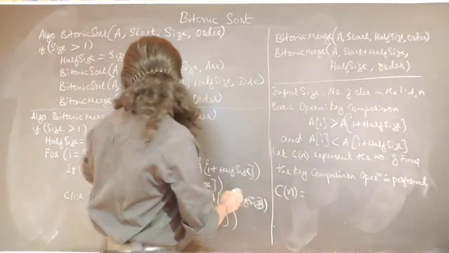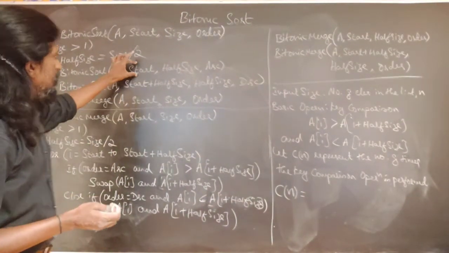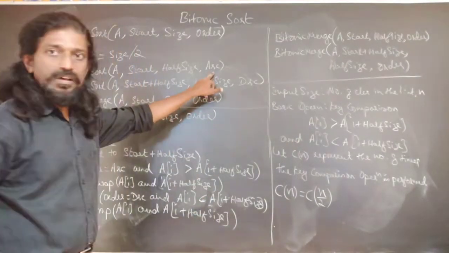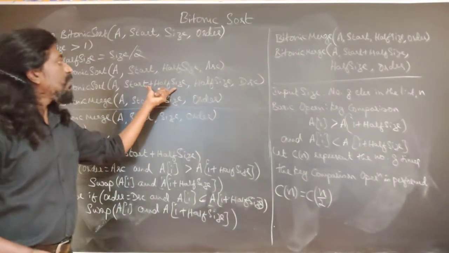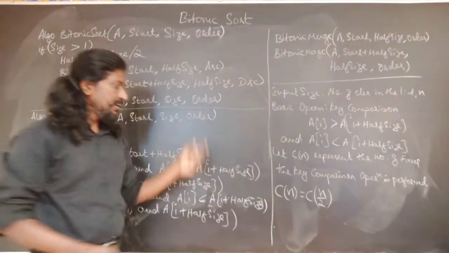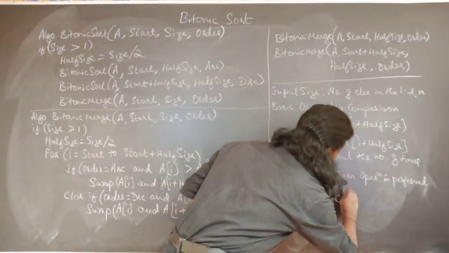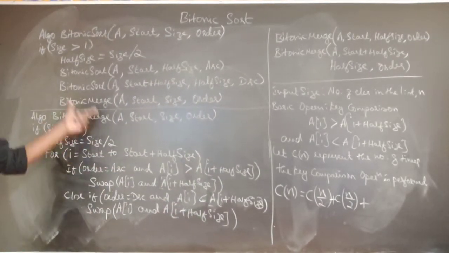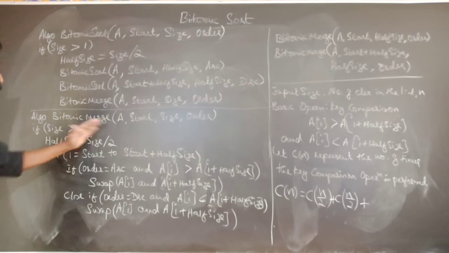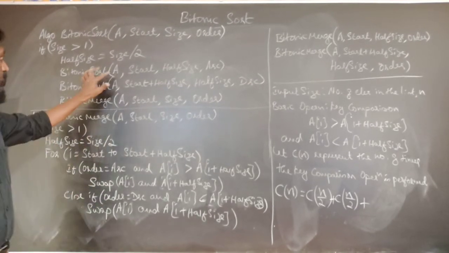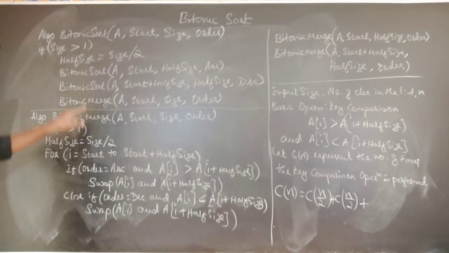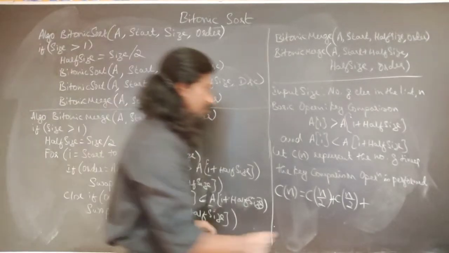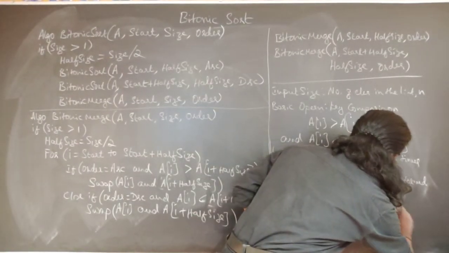Therefore, the number of comparisons to sort a list of n elements is the number required to sort the lower half in ascending order and the upper half in descending order, C of n by 2 plus C of n by 2, plus the comparisons performed in the merge, C merge of n.